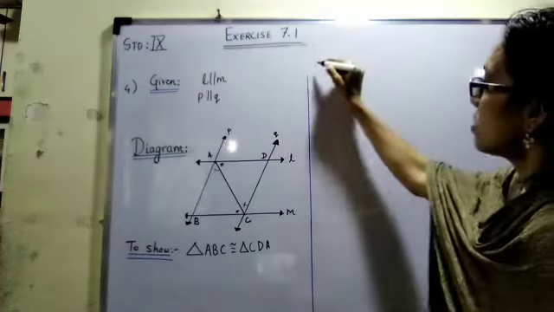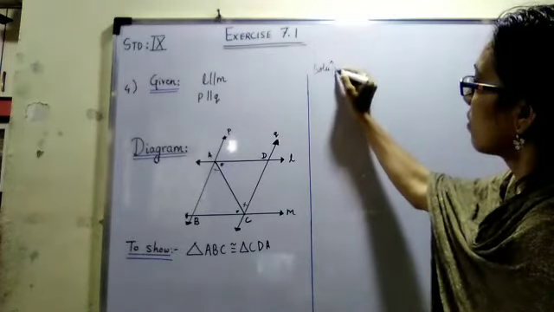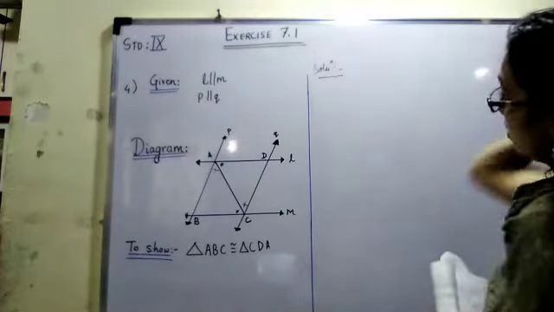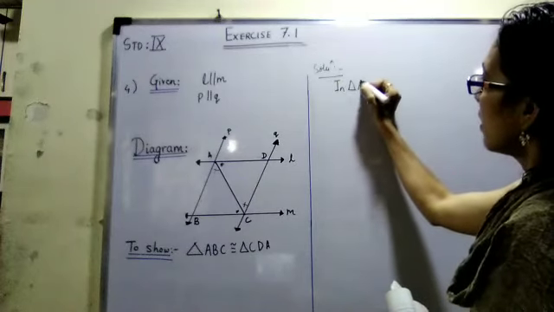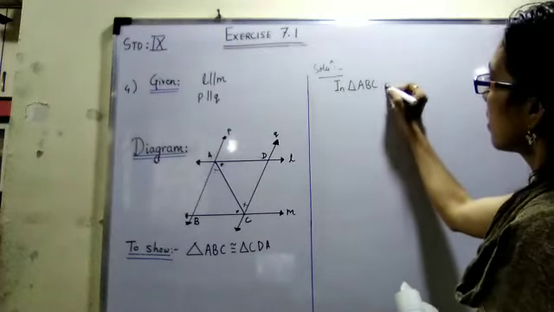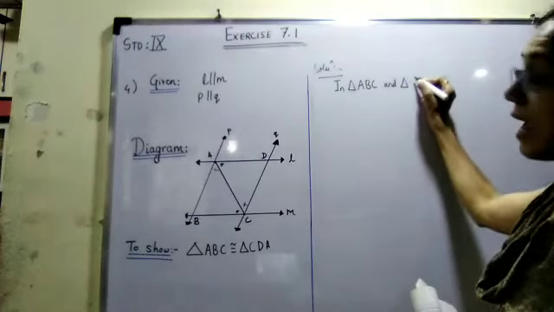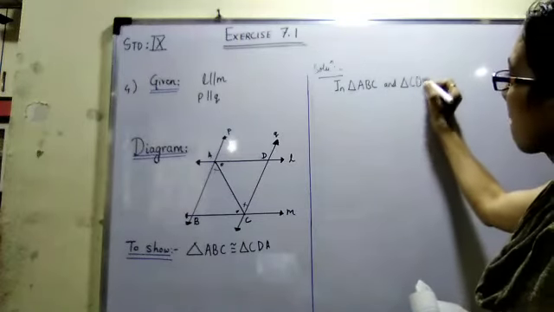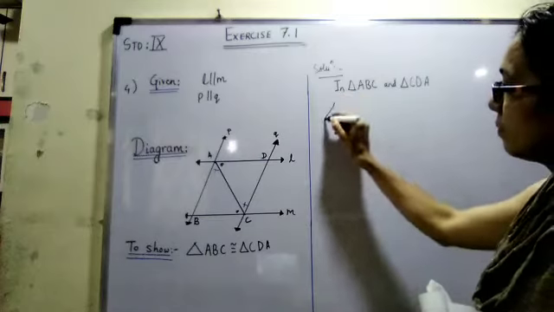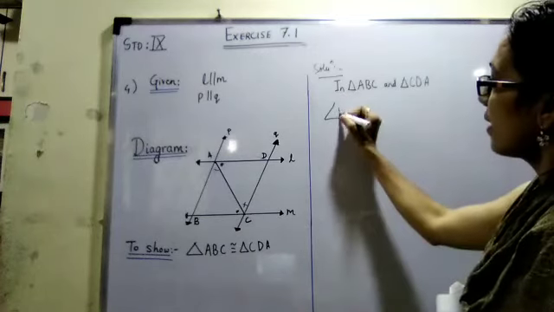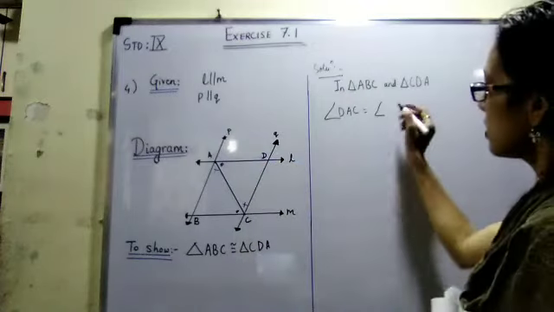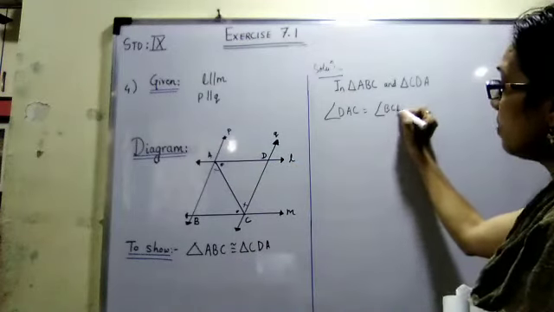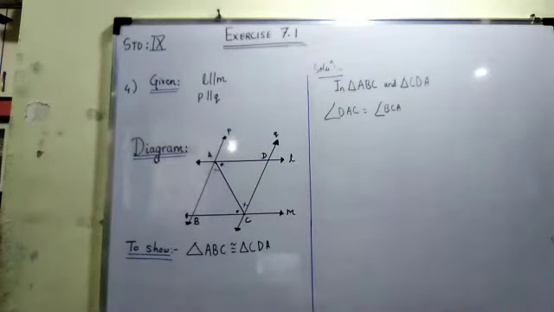So let us write the solution. In triangle ABC and triangle CDA, angle DAC is congruent to angle BCA.